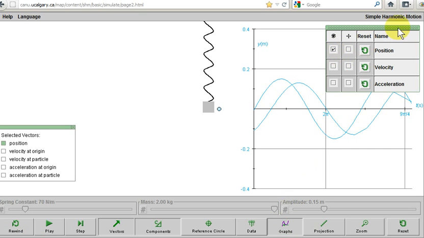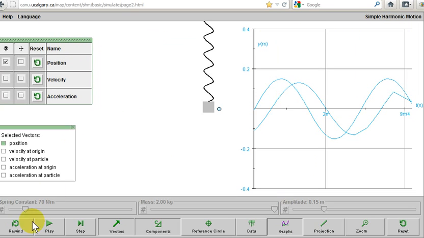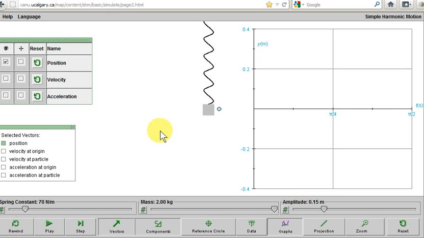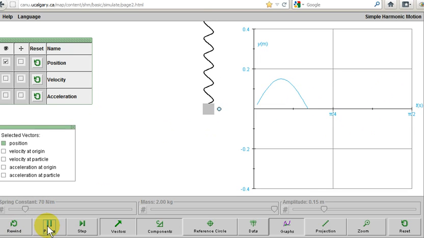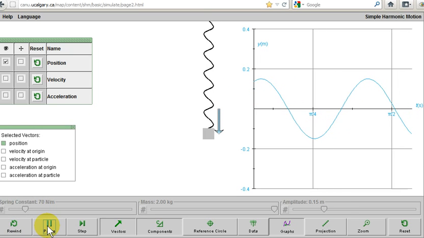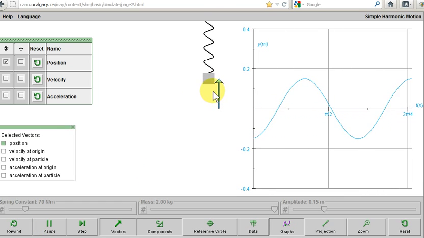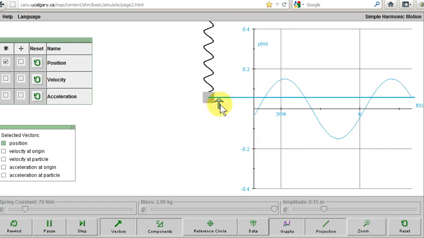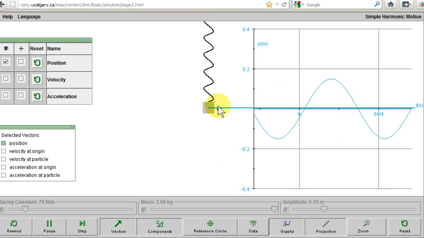Move this out of the way. If I just rewind this a second. Now let's set this in motion. We can also show the projection of the top of the position vector.